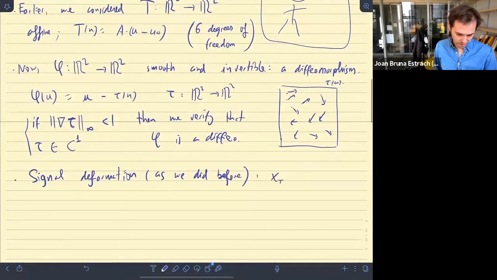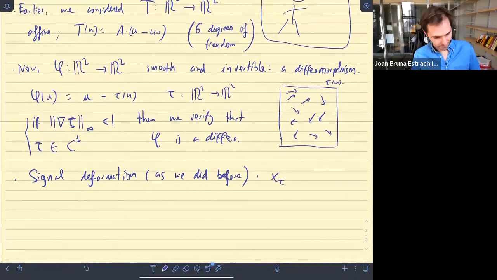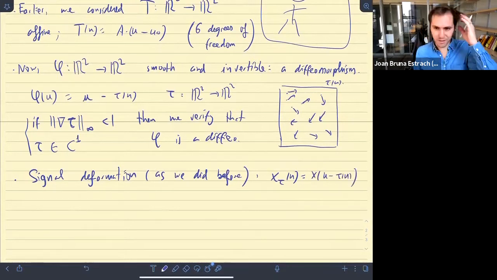We define this transformed image as: the new image at pixel u is the original image at u minus tau. That's really what you would imagine if you take an image and then apply a warp.